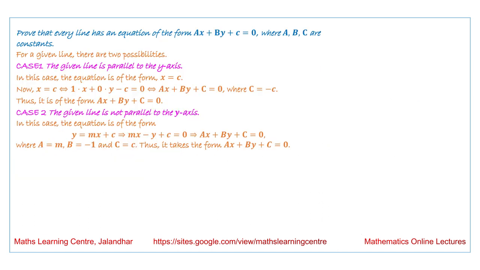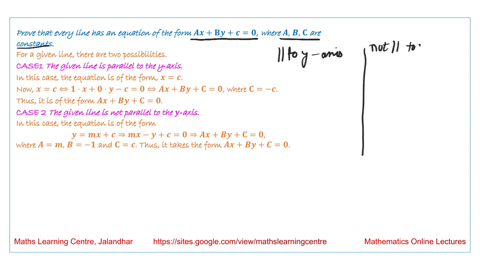Next is to prove that every line has an equation of the form ax plus by plus c is equal to 0, where a, b, c are constants. If we have any line, there are two conditions: either it is parallel to y axis or it is not parallel to y axis.